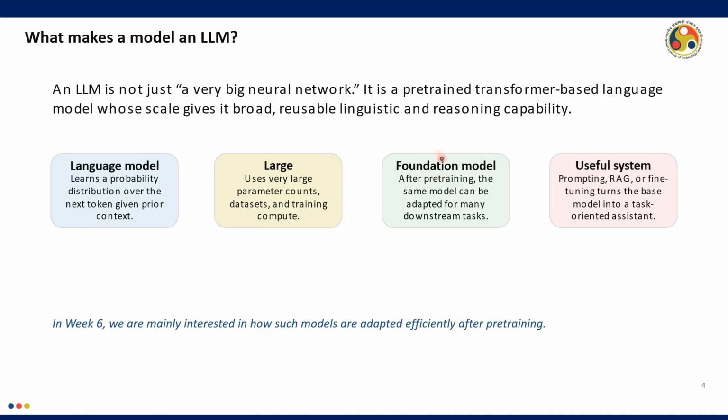And also these LLMs are useful systems, and a few of the techniques that we need to learn along the way are prompting, which you might have heard about as prompt engineering, obviously RAG, fine tuning, and so on and so forth.